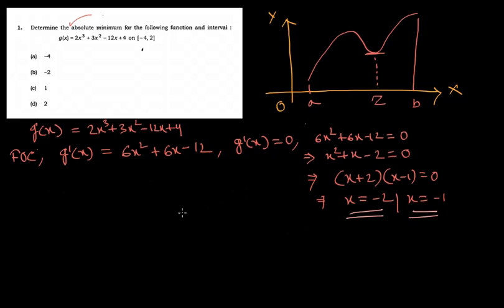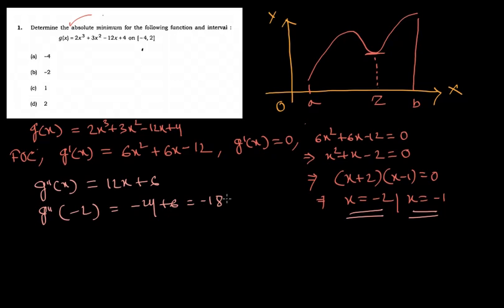To check the second order condition, we have to find g double dash x, which is equal to 12x plus 6. Now g double dash of minus 2 is equal to minus 24 plus 6, which is equal to minus 18. Now this is less than 0. So at minus 2 there is a maximum point but not a minimum, so we cancel out this minus 2 point.